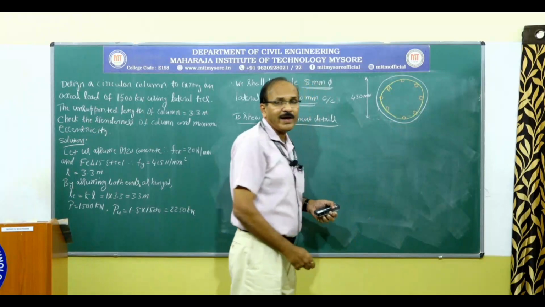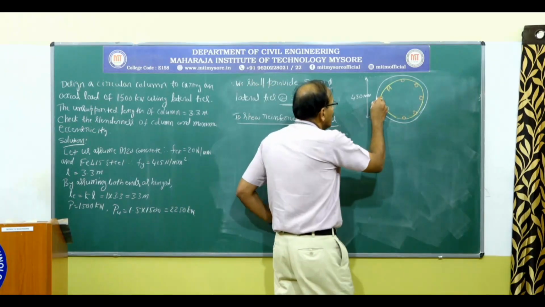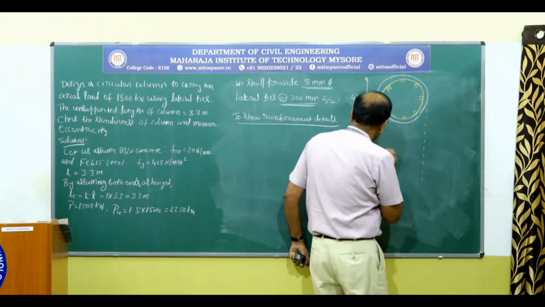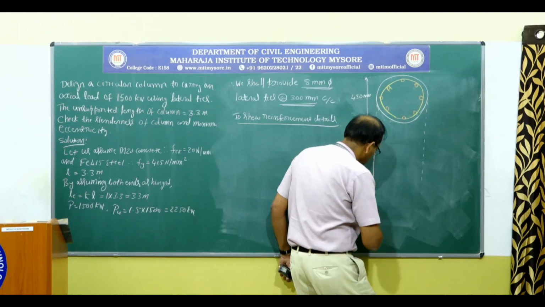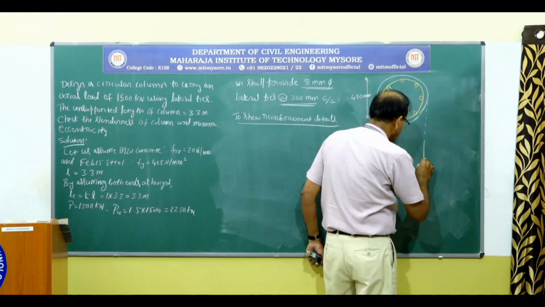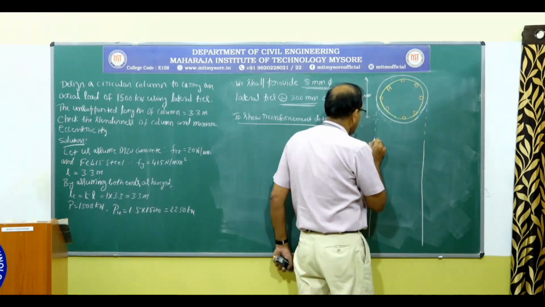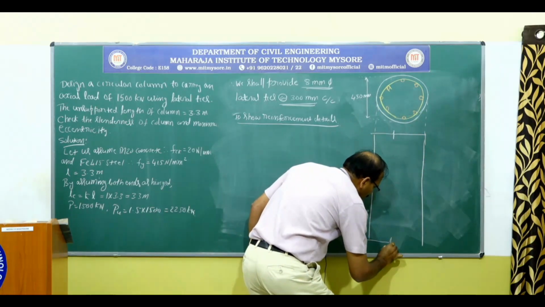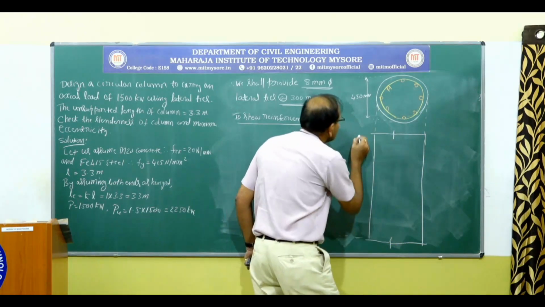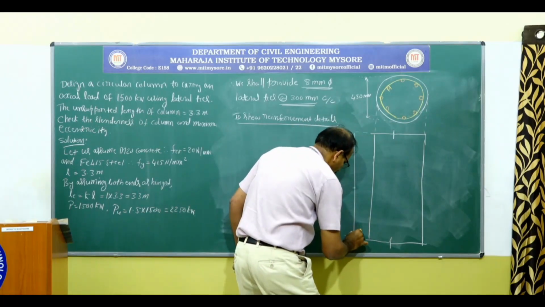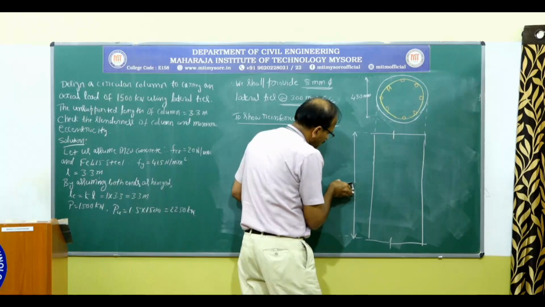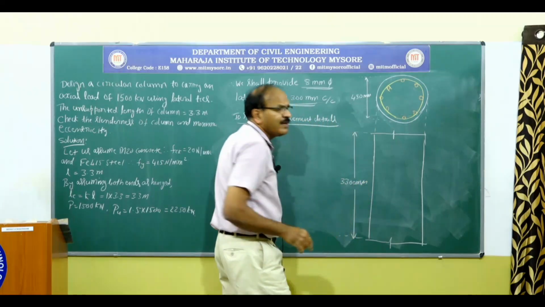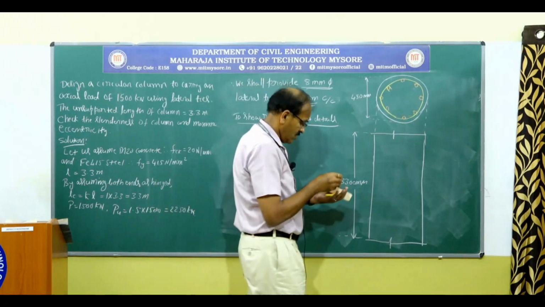This is the sectional plan. The length of the column is 3.3 meter. This is 3,300 millimeter. Express everything in millimeters.